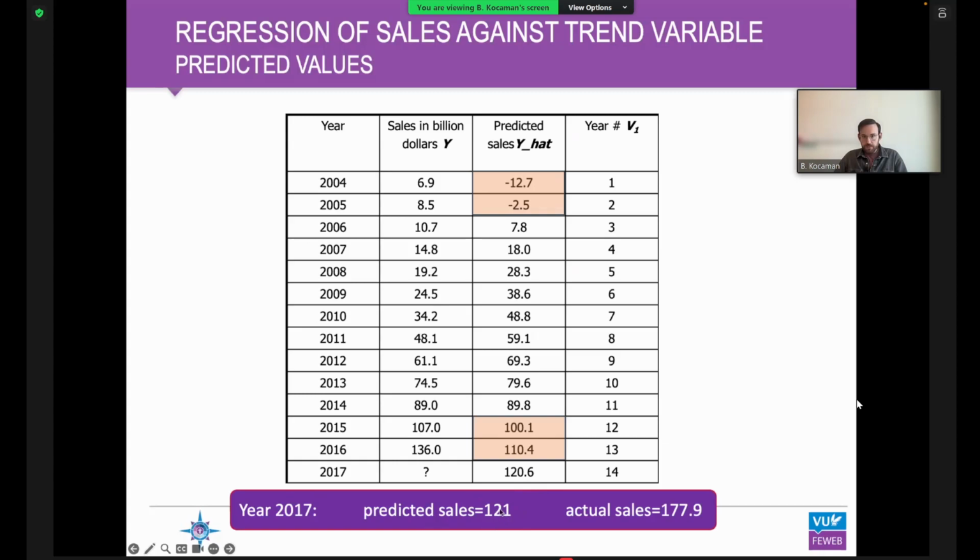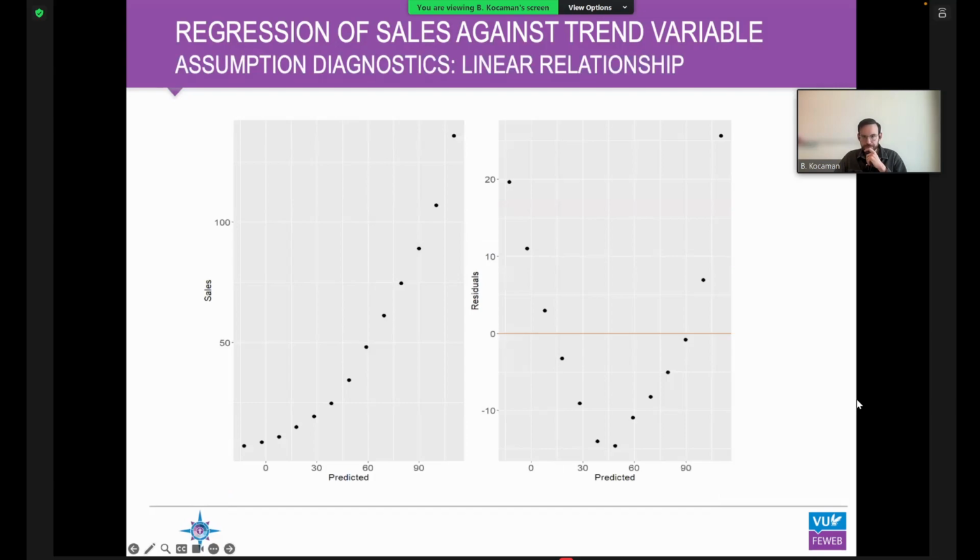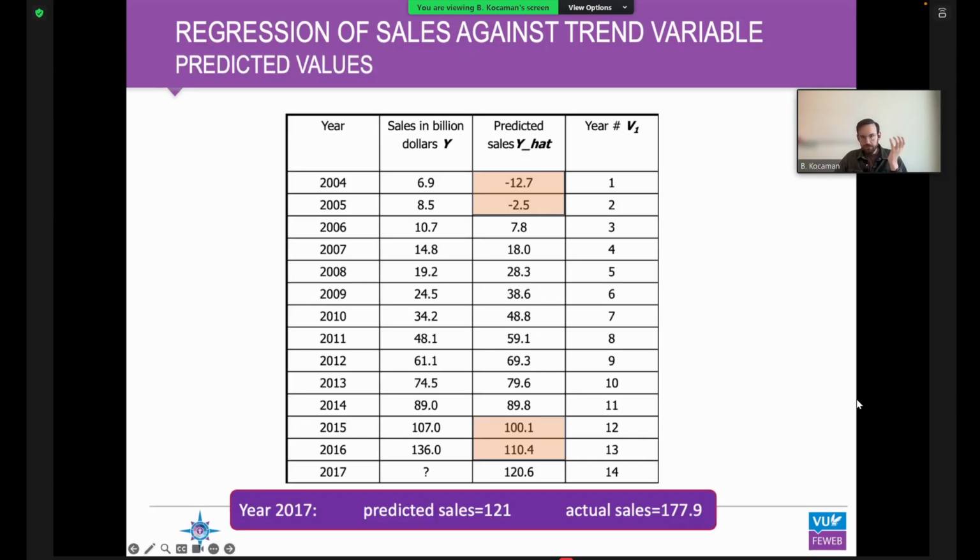So this is our prediction, 121, and apparently in 2017 we observed that the actual sales is 178, basically. So we have an error, but we are not super far off, maybe. I mean, it depends on whether 50 is a big number or not.